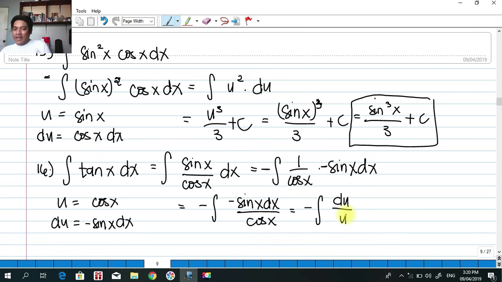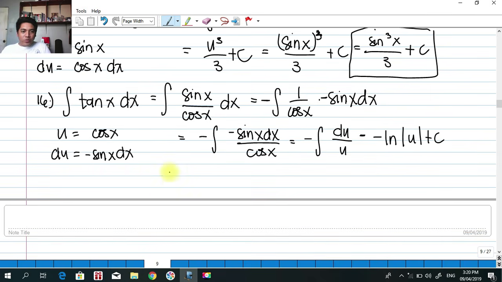So this is an ln. Simply, that would be negative ln of the absolute value of u plus c. So what we are going to do is back substitute the value of u. What is our u? That is cosine of x plus c.